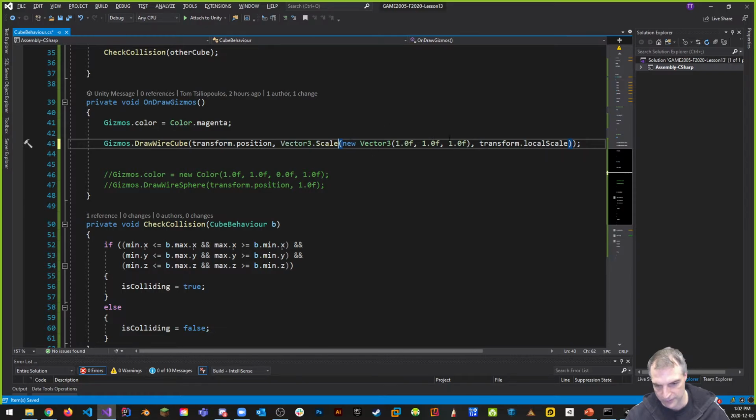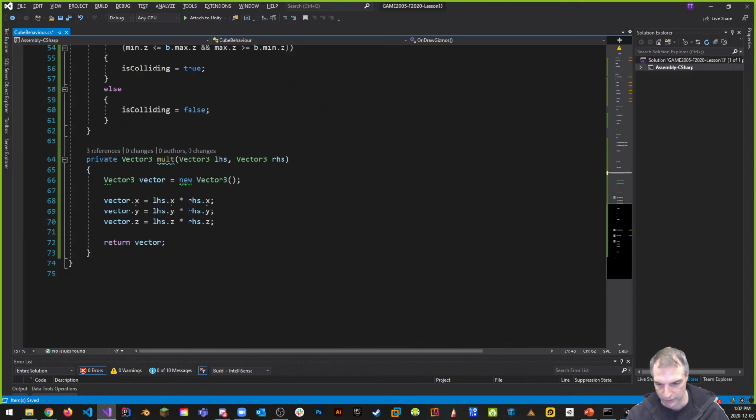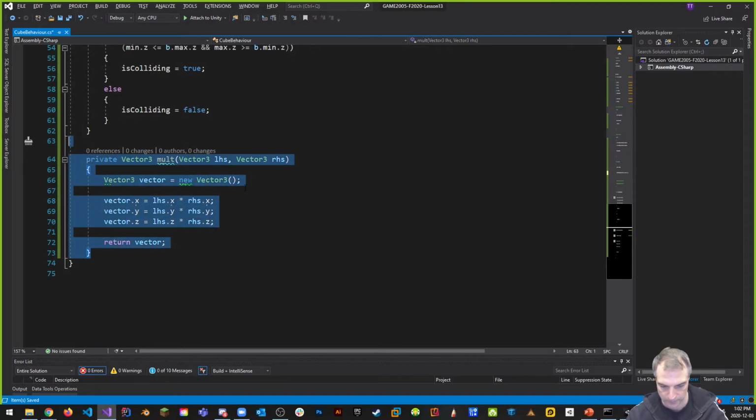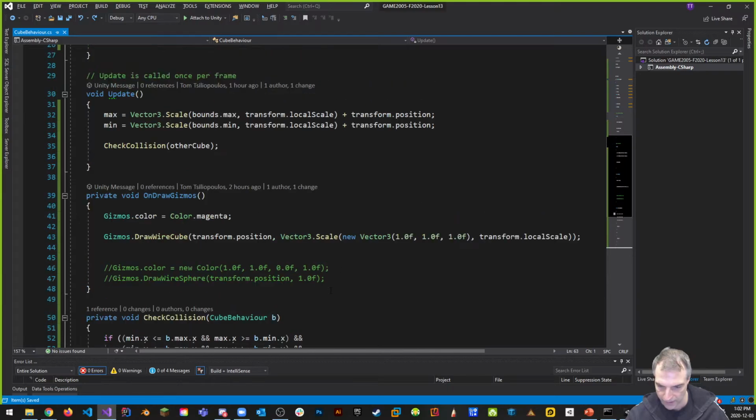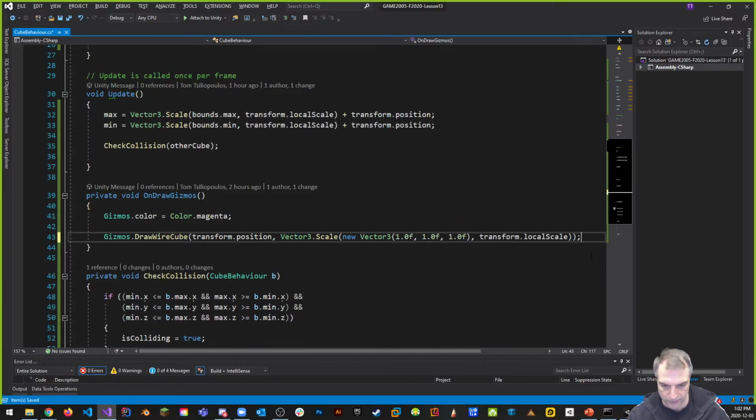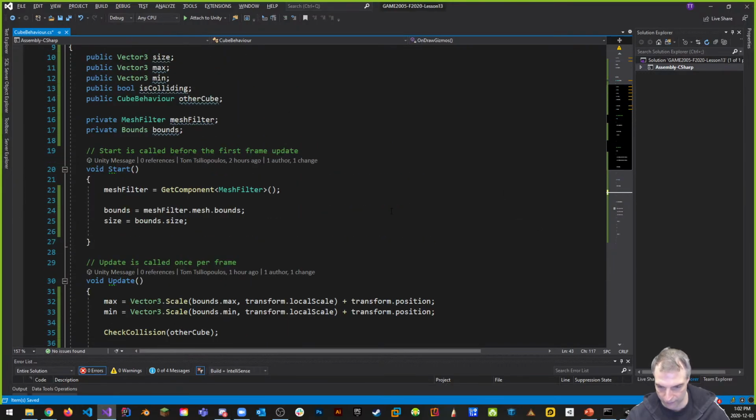We can, by the way, dispense with this and get the actual size of the object, but that's okay. And we don't need this anymore, which does the same thing. And I'm not putting a sphere on this right now. I just wanted to show you what it looked like. And now we have our final version of our code. Simple collision detection AABB, but all locked into these little Q behaviors.